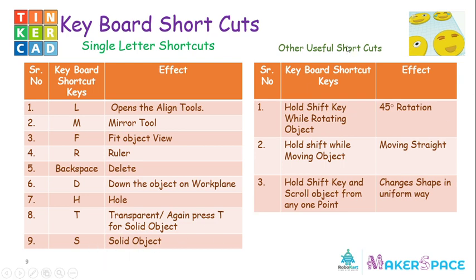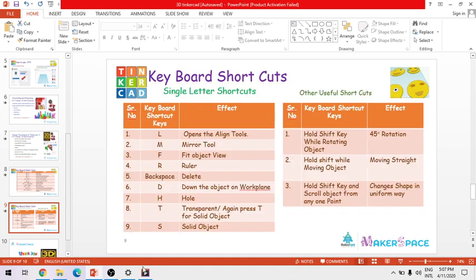Then there are some useful tips for 3D designing. Hold the Shift key while rotating the object for 45-degree rotation. Hold Shift while moving the object to move it straight. Hold the Shift key and scale the object from any one point to change the object uniformly.